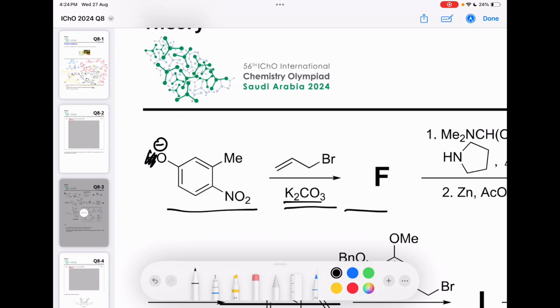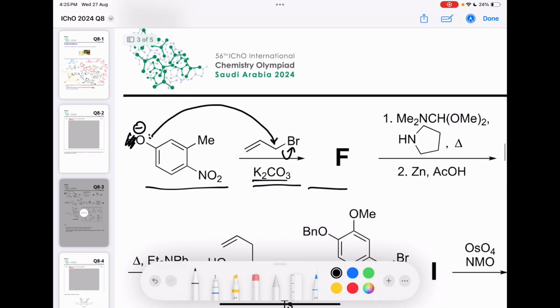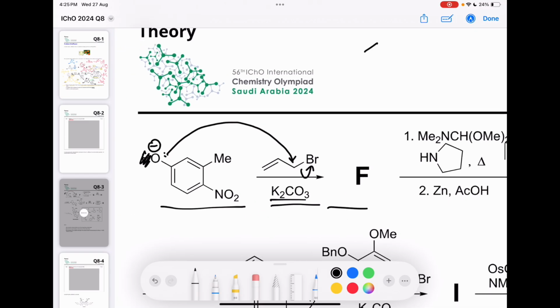This phenol group will get deprotonated and the H will be removed. And this O minus will then be free to substitute away this Br minus, which is a good leaving group. And because of this, structure F will just look something like this.